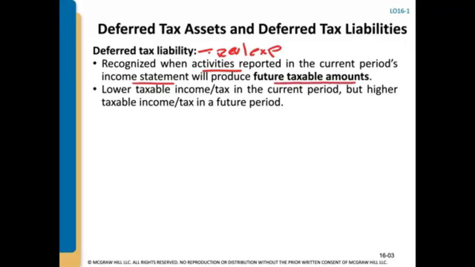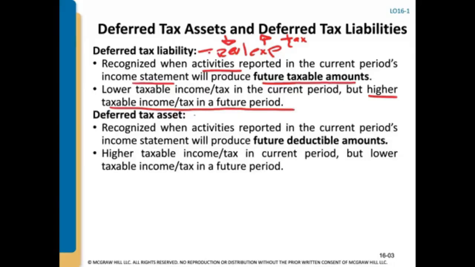This means we record less revenue or more expenses for tax purposes than we do for books in the current period, but that means we're going to have to recognize those revenues or disallow those expenses in the future, resulting in future taxable amounts, so higher taxable income and tax payable in the future.